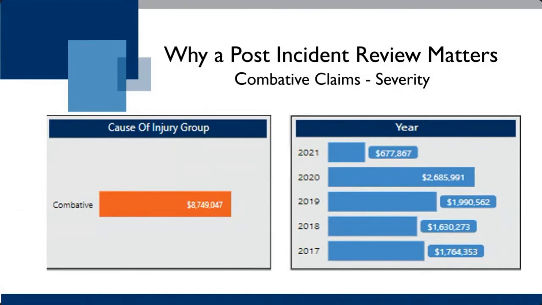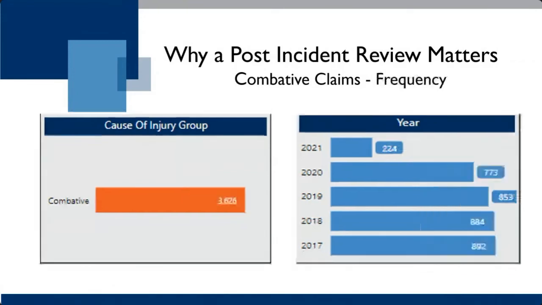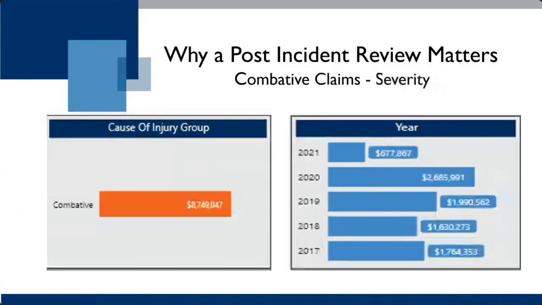But between 2017 and mid-year of 2021, when we pulled this data, you can see that we had 3,626 incidents with a total incurred loss of $8,749,047. And that's for West Bend Mutual Insurance and Argent. That's for our work comp claims over that time period.